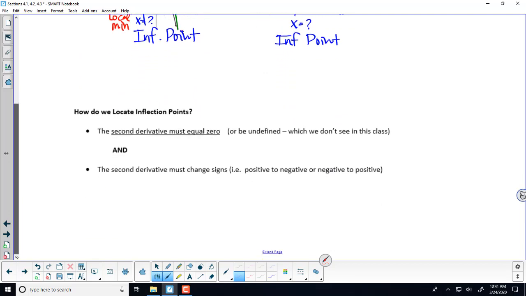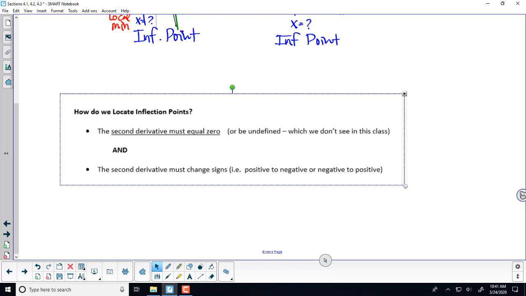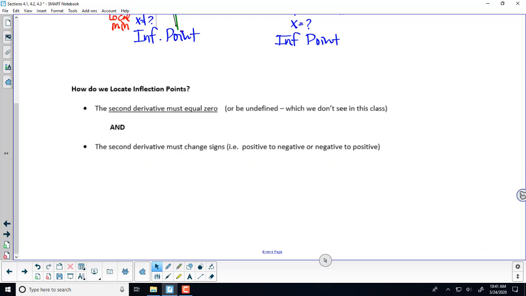It's a similar process to finding local max and min, except for inflection points, we use the second derivative. It's not called the second derivative test; that is for local max and mins.